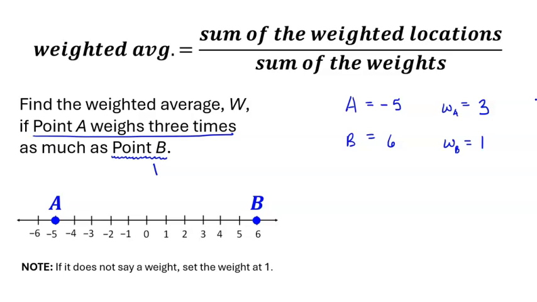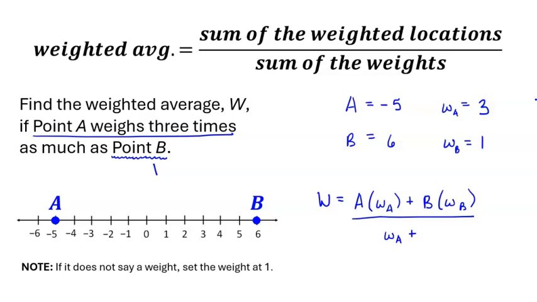Now from here, we're going to plug this into our formula. So when I write my formula for this one, my weighted average, which is going to be W in this case, that's just a random letter assigned to the weighted average for this problem. W is going to be the sum of the weighted locations. So we're going to do A times the weight of A plus B times the weight of B. And then we're going to divide by the sum of the weights.